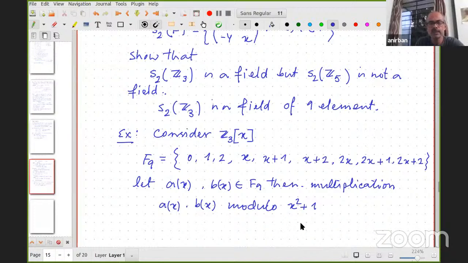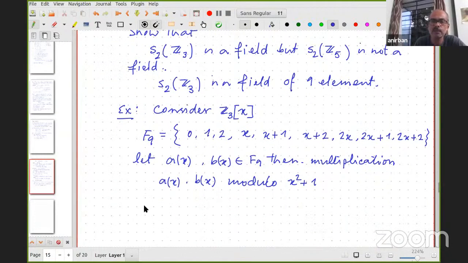Just to look at an example, let's take two polynomials and multiply. So suppose I multiply x plus 2 into say 2x plus 1. Then I'm just multiplying as polynomials.